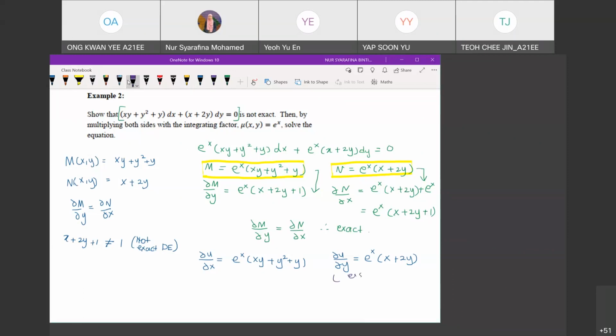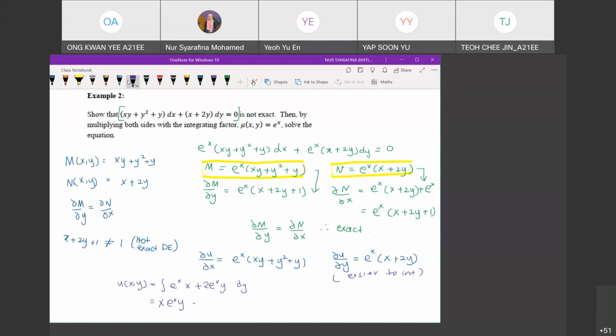Because it's quite easier to integrate. Okay. So u(x,y) equals the integral of e^x (x + 2y) with respect to y, right? So this one becomes what? e^x x y, right?